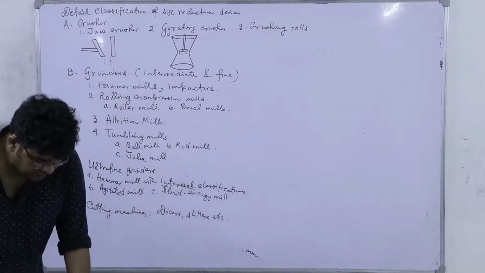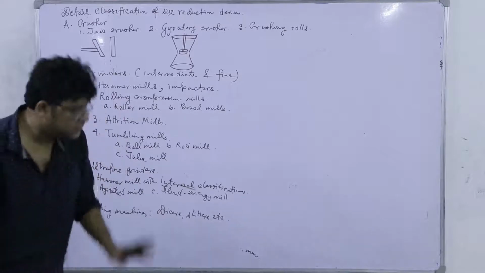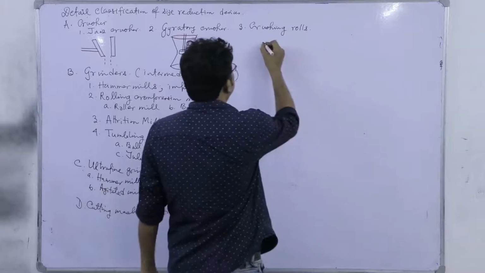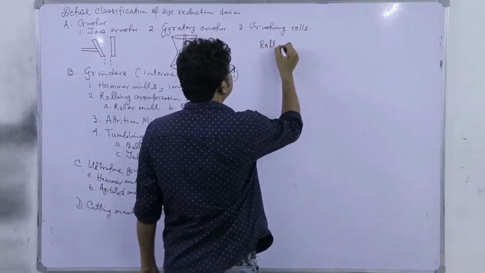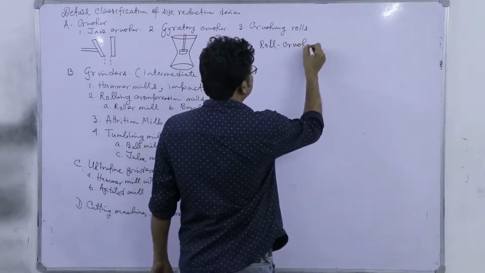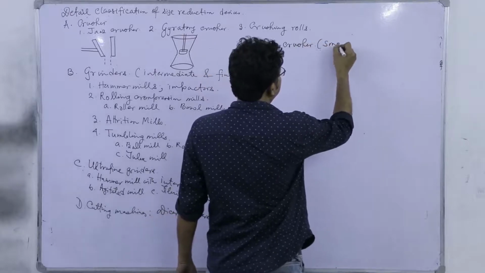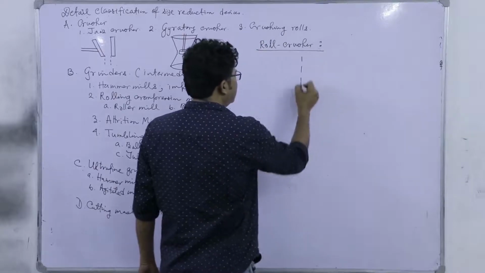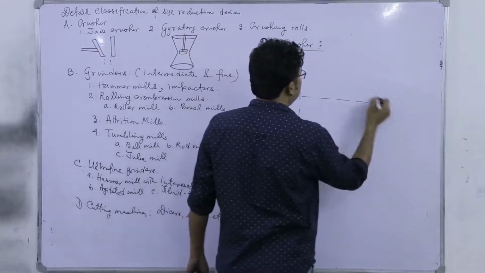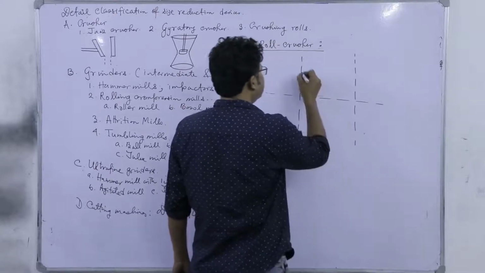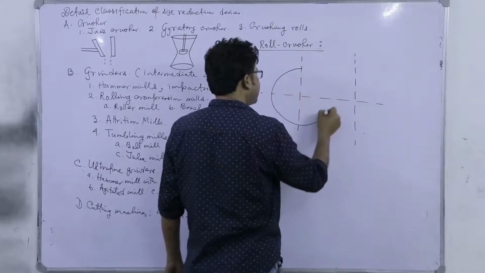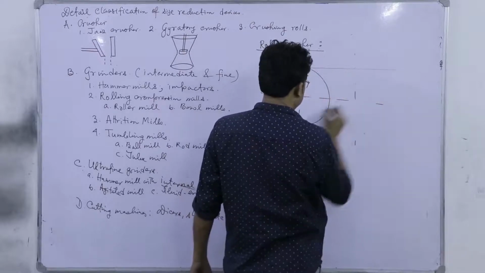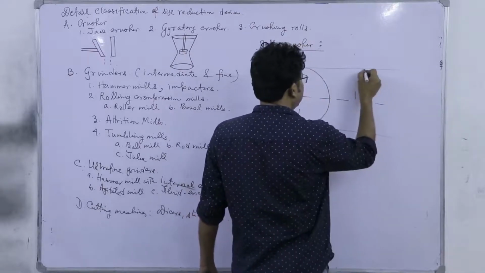So we will primarily discuss this smooth roll crusher, because the roll crusher, see what is a roll crusher? And this is smooth, or okay, let us not go by this detail. So here we have two rollers like this, which are kept face to face and rotates towards each other.